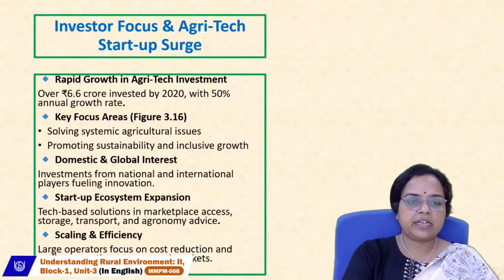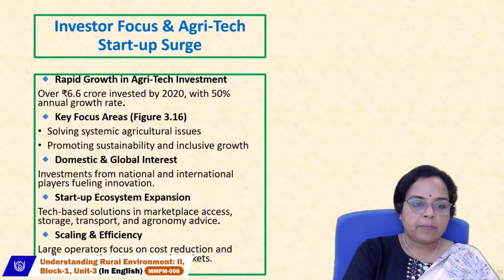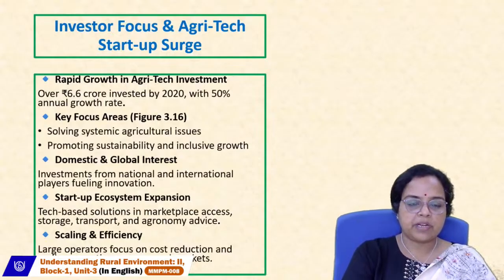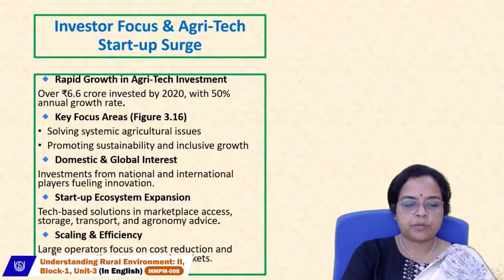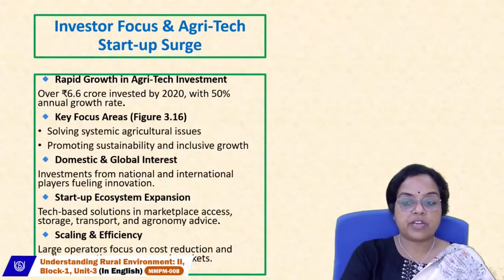Investor focus and agri-tech startup surge. Rapid growth in agri-tech investment, over 6.6 crore invested by 2020 with a 50% annual growth rate. Key focus areas: solving systemic agricultural issues, promoting sustainability and inclusive growth, investment from national and international players fueling innovation in the rural belt, tech-based solutions in marketplace access, storage, transport and agronomy devices.